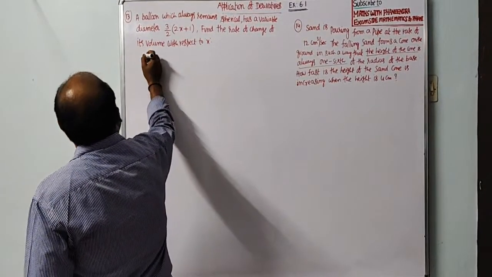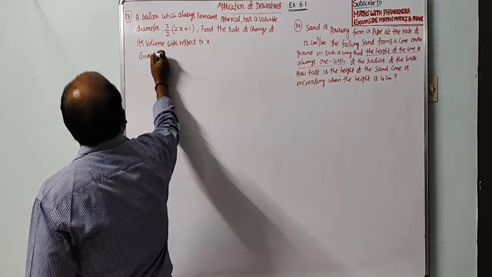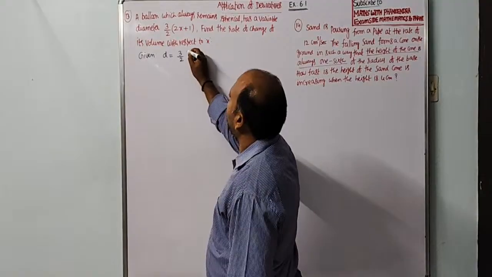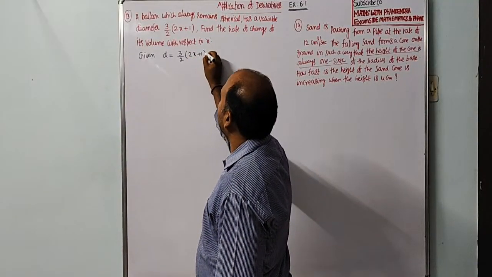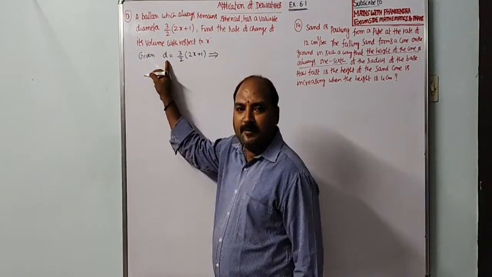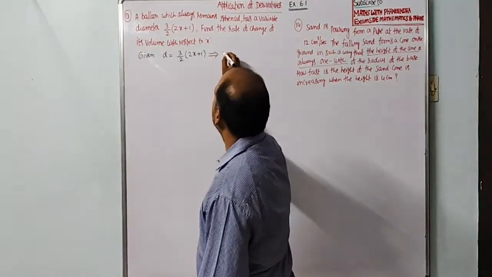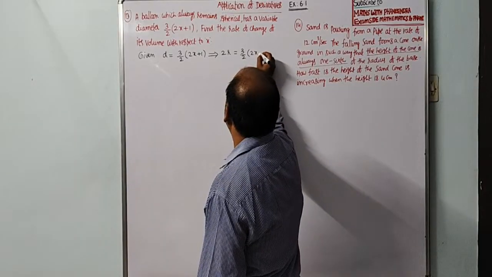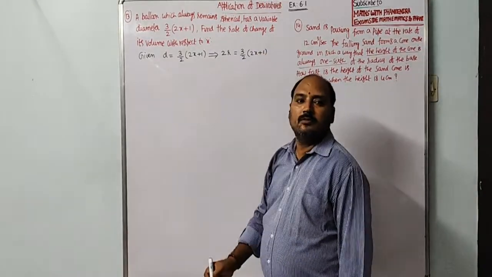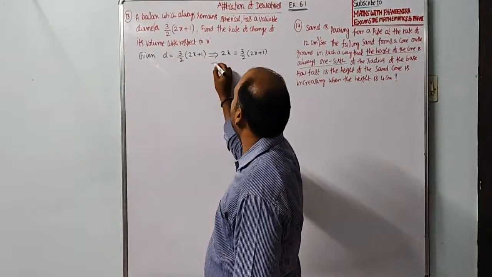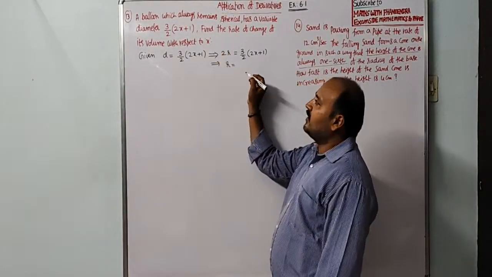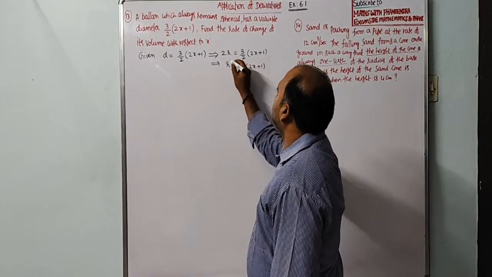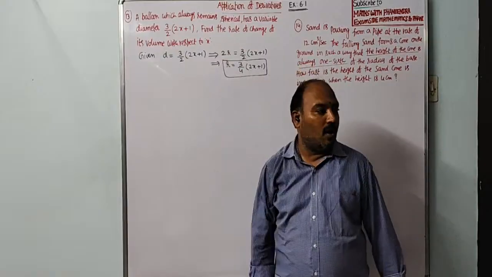So, given diameter d is equal to 3 by 2 times of 2x plus 1. That implies that diameter means twice of the radius only, no? So 2r is equal to 3 by 2 times of 2x plus 1. So I want the r value. So r is equal to, bring this side, 3 by 4 into 2x plus 1. This is the value of r.